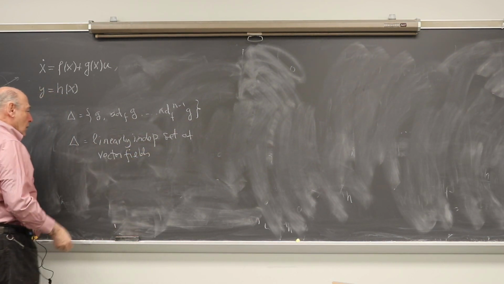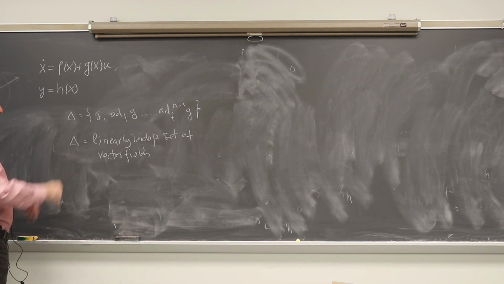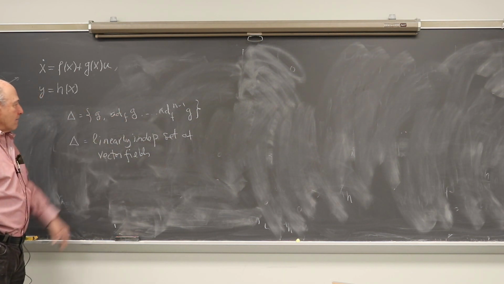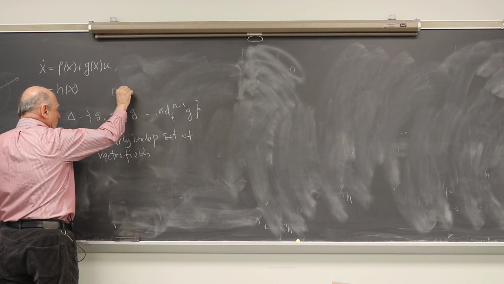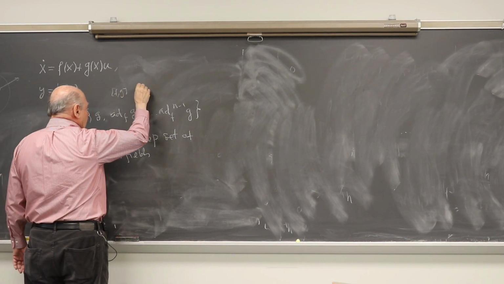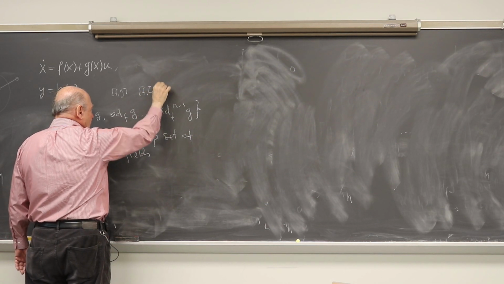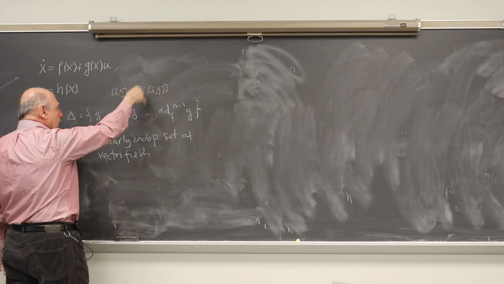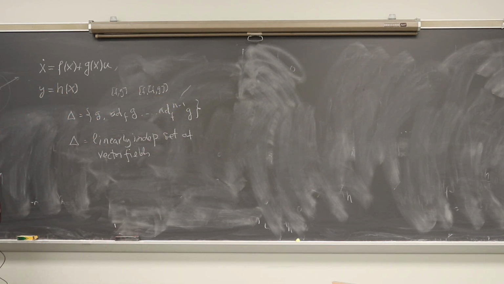It's a distribution. A collection of vector fields is called a distribution. So it's a linearly independent distribution. This distribution is given by this. And remember, ad_f g is nothing but the Lie bracket of f and g, and ad_f squared g is just the Lie bracket of f with [f, g]. So we continue to iterate the Lie brackets of f and g with f as many times as we need, all the way up to n minus 1.